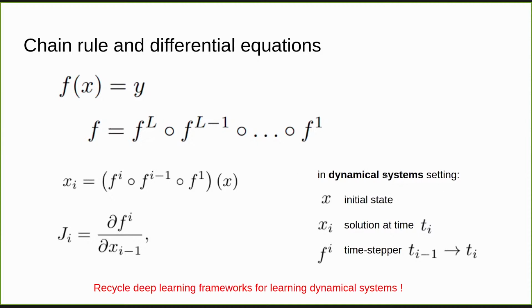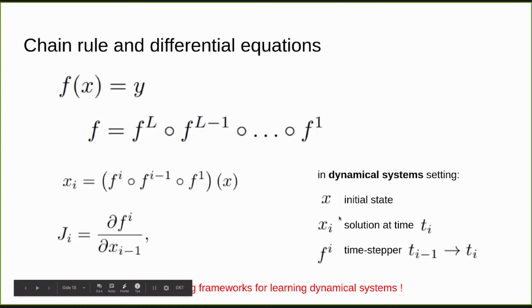Because differential equations at the very conceptual level work very similarly, where x is some initial state, xi you can think of as the solution at some time index, and fi is the time stepper, which takes it from the previous time to the next one.